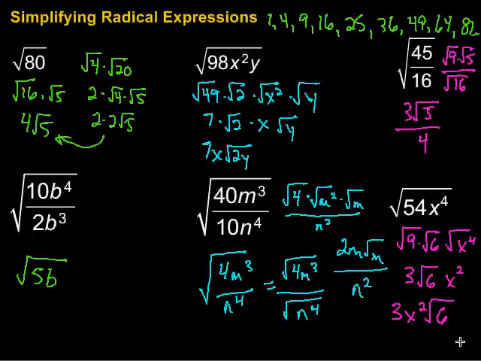Alright, so simplifying radical expressions, we want to use perfect square factors. So hopefully you're very familiar, or you should get very familiar with those perfect squares, because then we can break up any number using those perfect square factors, and that will allow us to do some simplification. To be in simplest form, remember that the radicand, in other words, what's under the square root, cannot be a fraction.